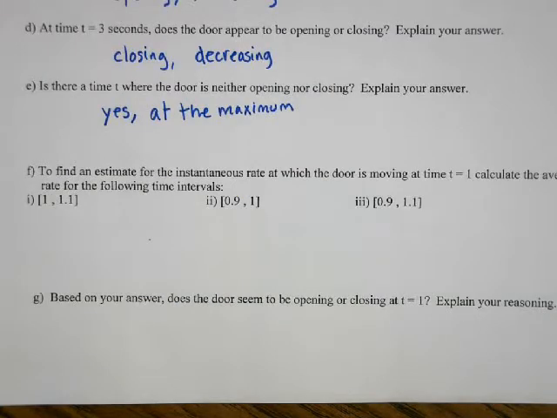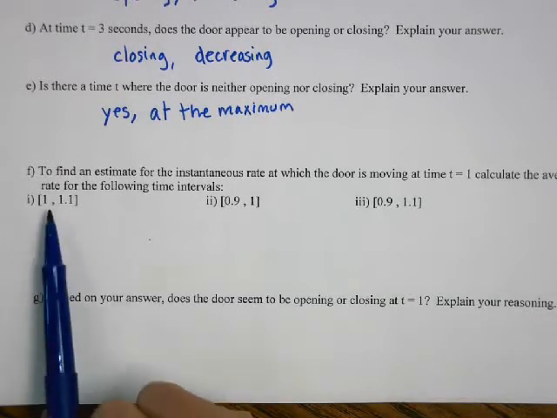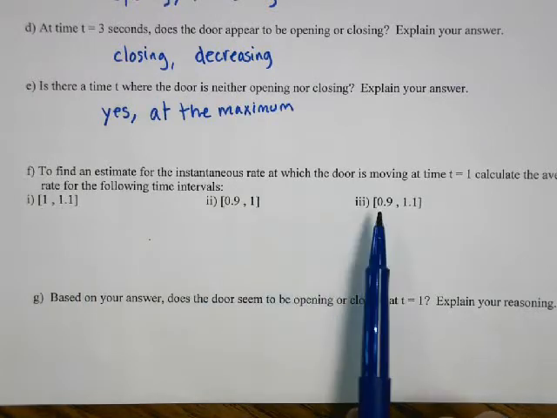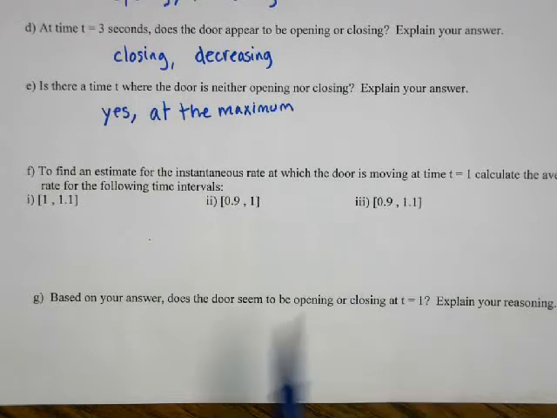Next, we're going to find an estimate for the instantaneous rate at which the door is moving at time equals 1. So at time equals 1, we want to figure out how fast at that instant the door is opening up. So what we're going to do is test points very close to 1. So 1 to 1.1, 0.9 to 1, 0.9 to 1.1.